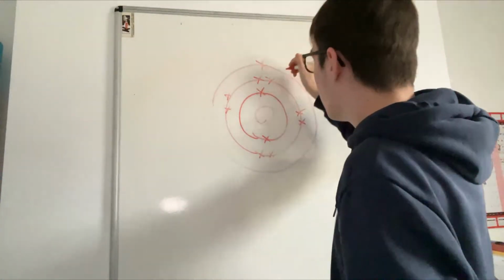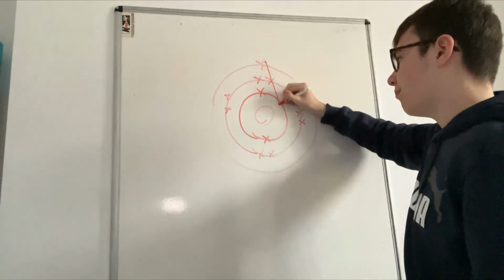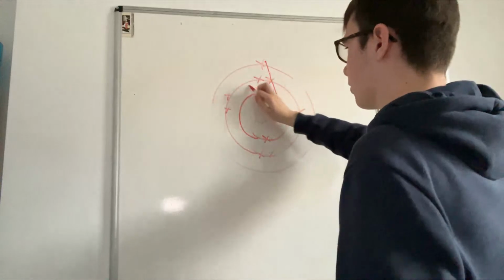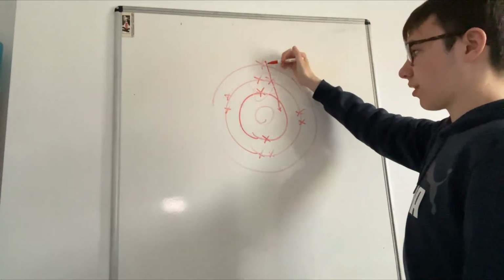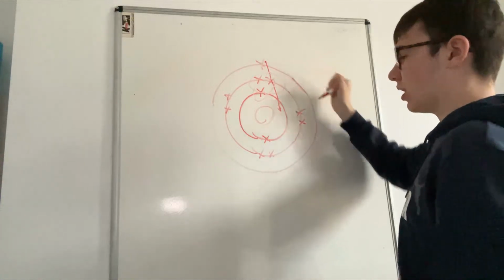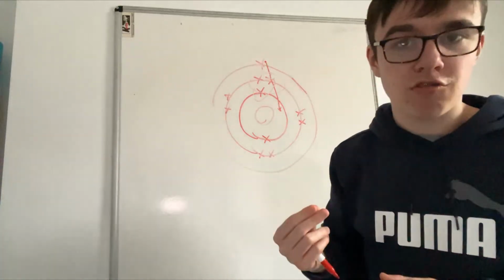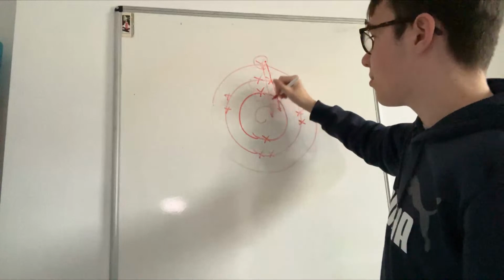Well, it's because this electron is further away from the nucleus. It's being shielded, and that's an actual term, shielding. These electrons are shielding it. And because it's only one electron, it's going to be a lot more unstable, and less energy, less force is required to make it react.